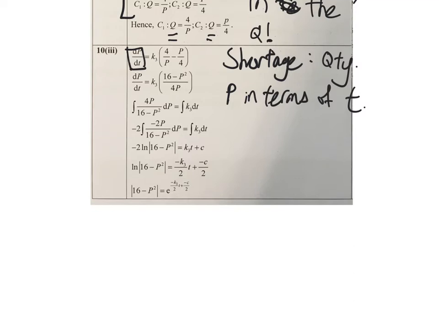So given that I have dP over dt, I need to express my quantity consumed by consumers and my quantity produced by producers, QC and QP, in terms of P. One common mistake is that many of you expressed it in terms of Q and are not able to continue anymore. Once you have expressed in terms of P, the next part is just integration.